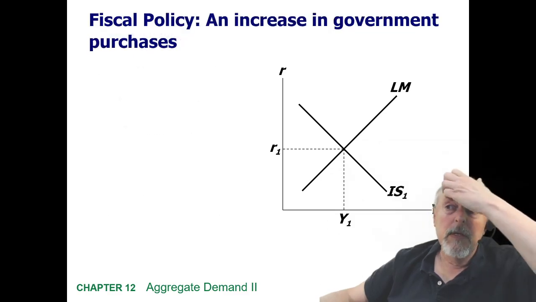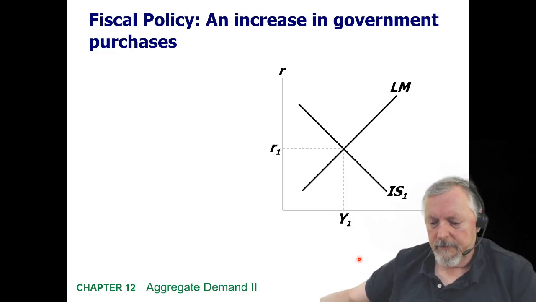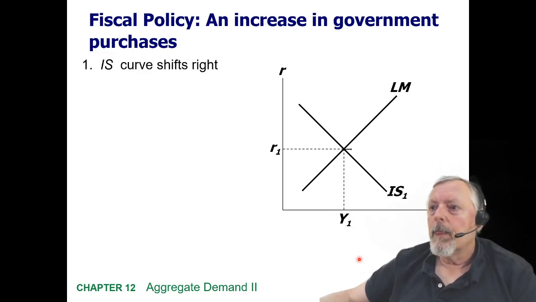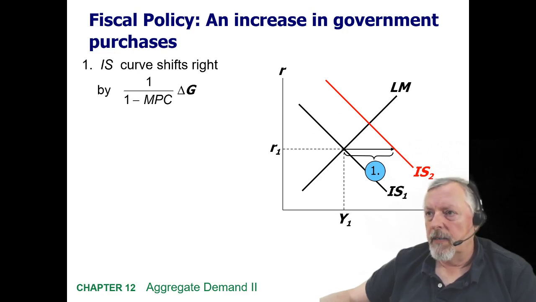And we can use this model to examine the effects of changes in policy, fiscal policy, monetary policy. Okay, suppose we start in equilibrium here, and government spending increases by delta G. That shifts the IS curve right.